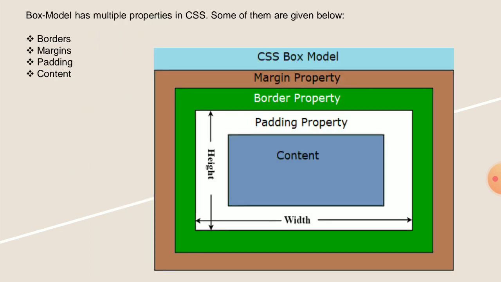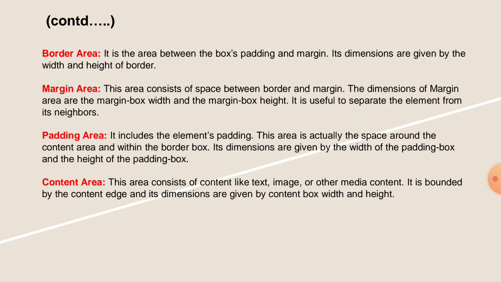That is an example of the CSS box model. The CSS box model has multiple properties, some of them given below: border, margin, padding and content. Border area, margin area, padding area and content area. The border area is the area between the padding and the margin.